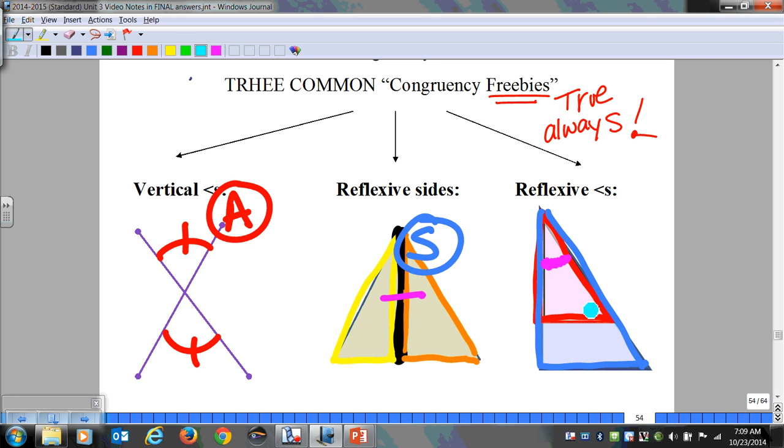They do not exactly share that blue angle, so that blue angle is not reflexive, but this angle right here is shared by both triangles. So I would mark it congruent, and I would put an A for one pair of angles. So these are freebies. If you see these in diagrams, you should mark them congruent.